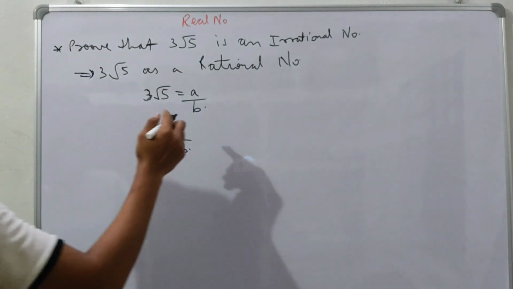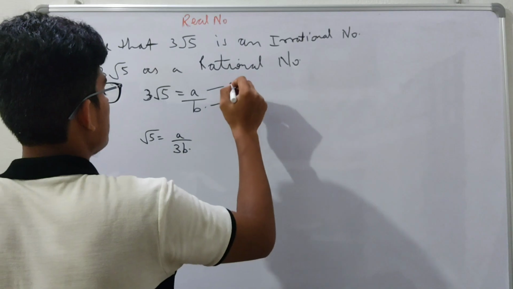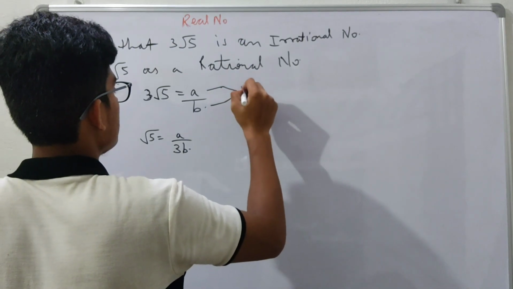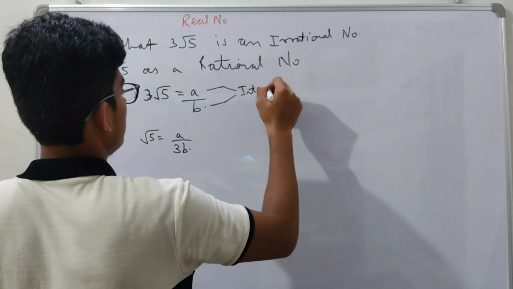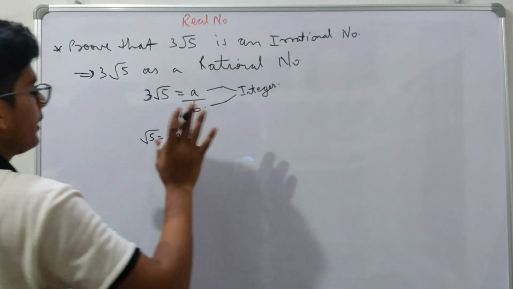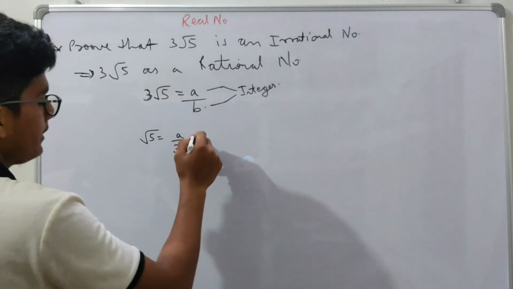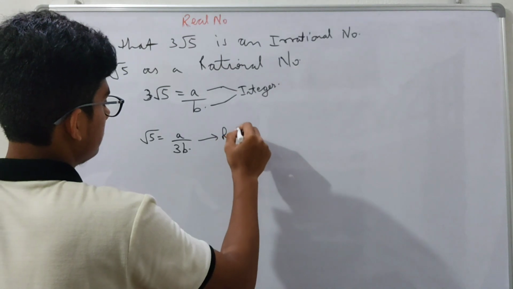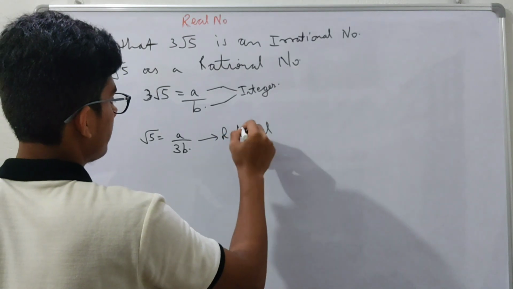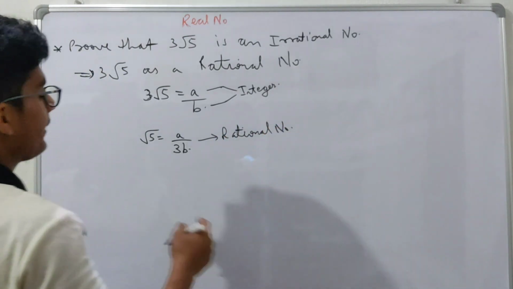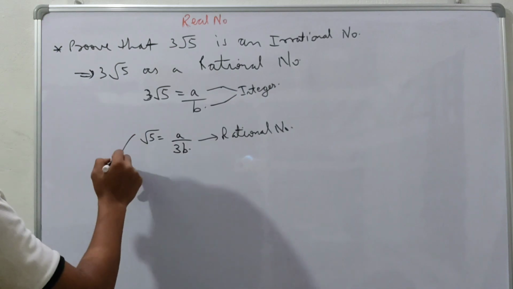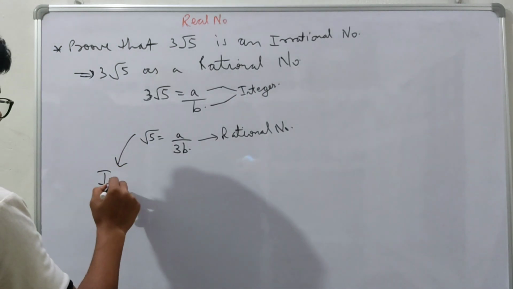We know that a and b are both integers. Hence a by 3b will always be a rational number, but we know that root 5 is an irrational number.